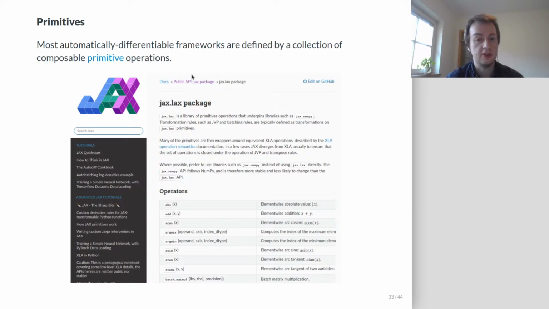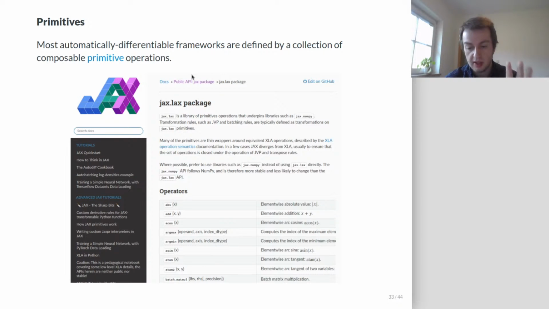Since these primitive operations define some forward computation of elementary operations like products, additions, or things that are more complicated, like taking the mean or taking the exponential, then by composing them over and over, you would be able to express computations that are more complicated.